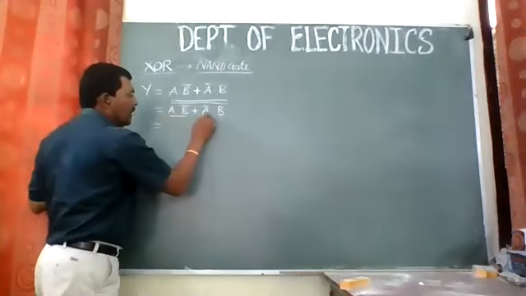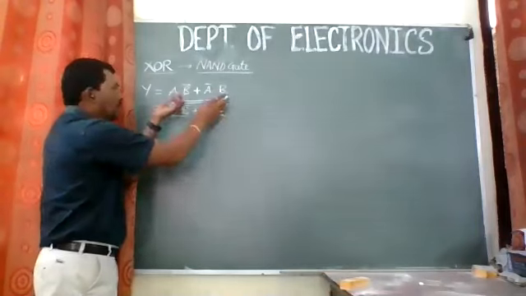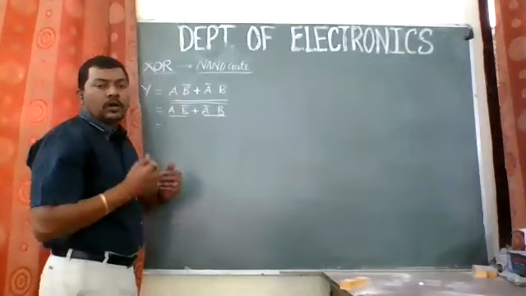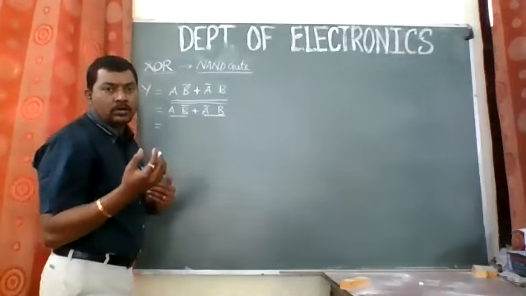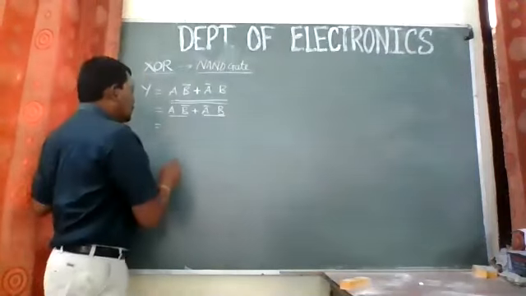So this is one term, and this we are considering as the second term. These two terms, and the complement of these two terms, will be equal to the complement of the products, or the product of the complements, right? So I'll be using these.